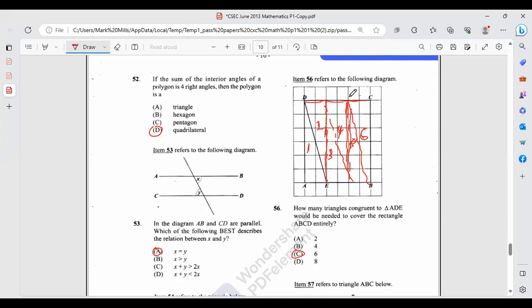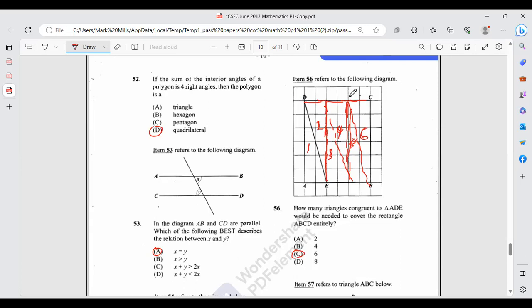Just want to find out if they understand what the term congruent means. If you know, just tell us. Anybody know the meaning of congruent? Equal, the same or equal. Equal, but be more specific. They look the same.